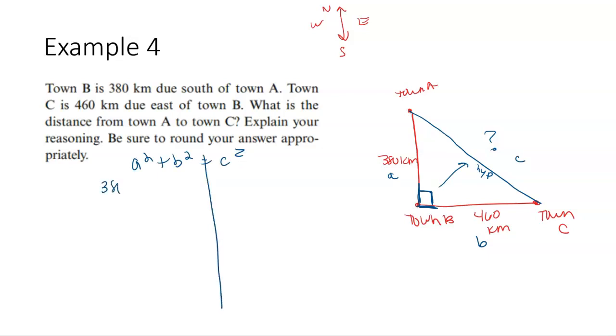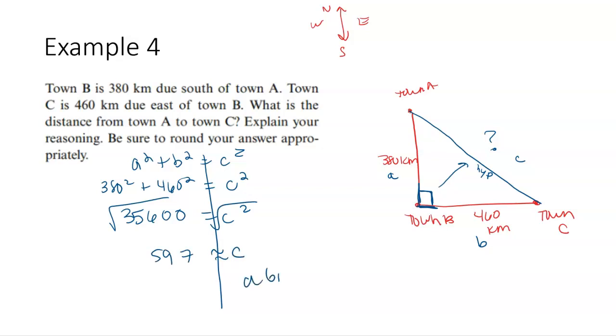So that's 380 squared plus 460 squared equals C squared. When we type that in, we get this sum, and we square root both sides and get approximately 597. So about, let's just say, 600 kilometers.